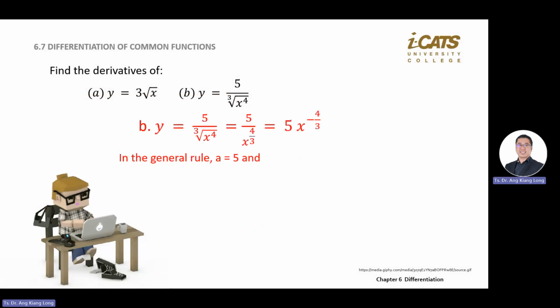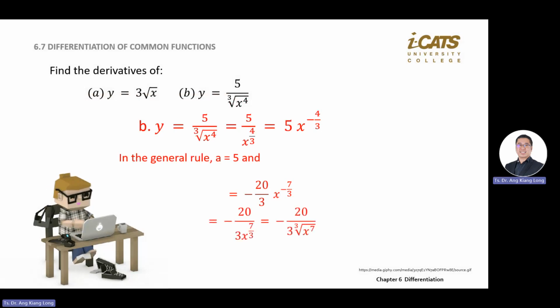I only need to highlight this cube root of x power 4. This one is below the fraction, so when you convert it into linear index form, it's minus 4/3. You need to convert this form into this form in any degree program. Some questions just mention using general rules, which means you need to write the general equation and then prove your answer.